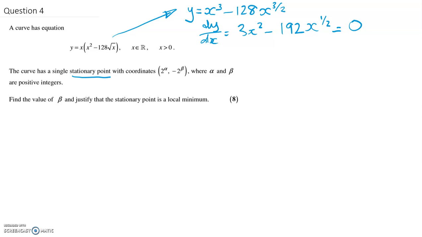So here what I can do is take out common factor, which is 3x to the half, and then I'm left with that. So this means that x equals 0 is one of my solutions, and this bracket gives me the other one.